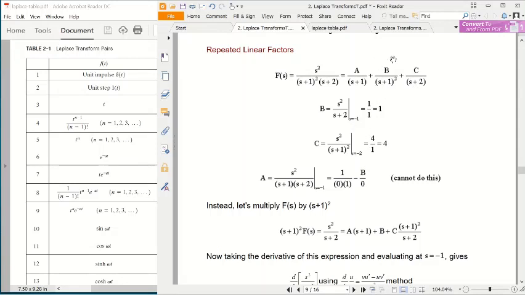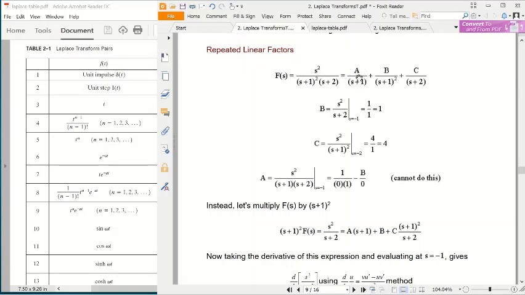Sorry, for b, it is the same as before. So b, you take out this part, just left with that part. And you set s equal to minus 1, and then you get 1 for b. But for this one, you cannot do it like that.